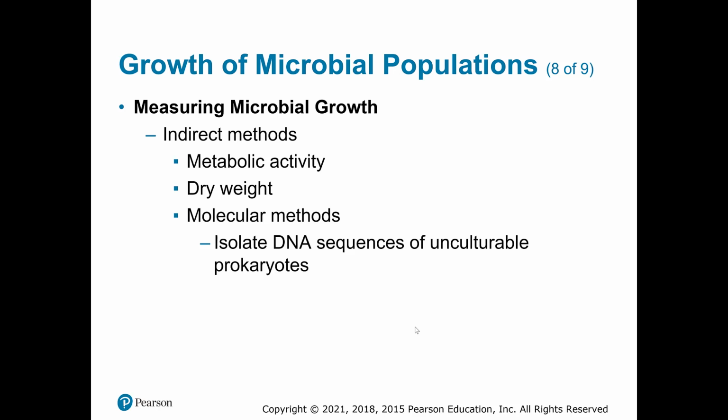Other indirect methods of measuring growth: metabolic activity. They don't go really into detail, but there are ways to measure how much metabolism is happening in your tube. The only problem with that is your cells have to be alive. And if you've got dead cells in that tube, those will not get counted because they're not doing metabolism. Dry weight.